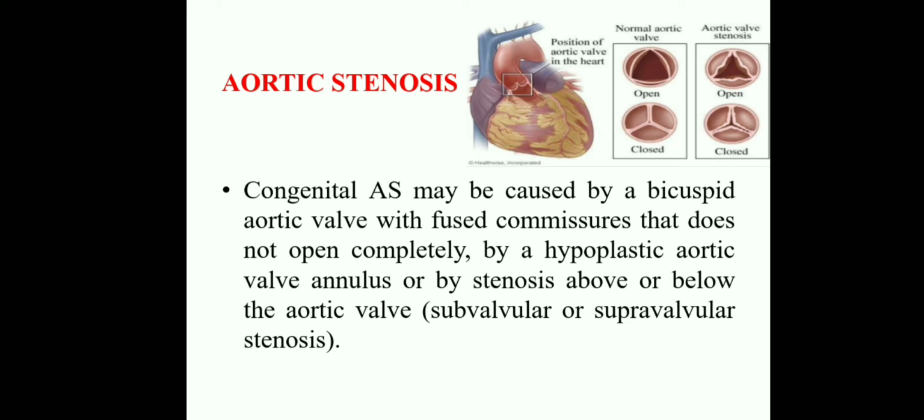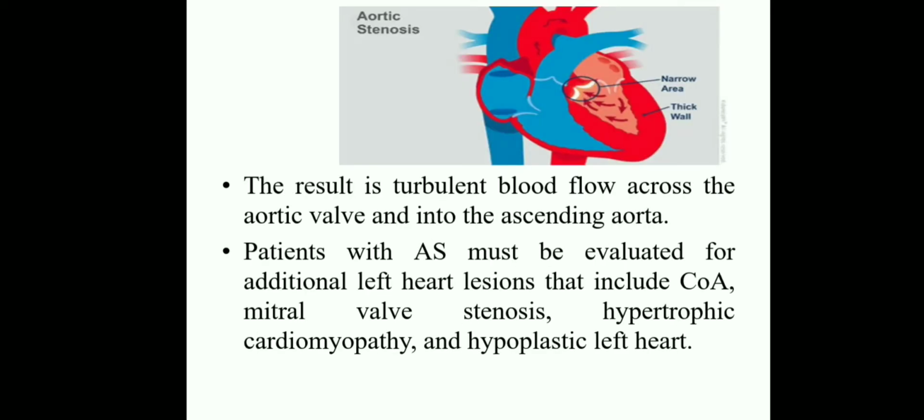That means the annulus or stenosis is present below or above the aortic valve. The result is turbulent blood flow, meaning mixing of blood flow, the oxygenated and deoxygenated blood flow across the aortic valve and into the ascending aorta.